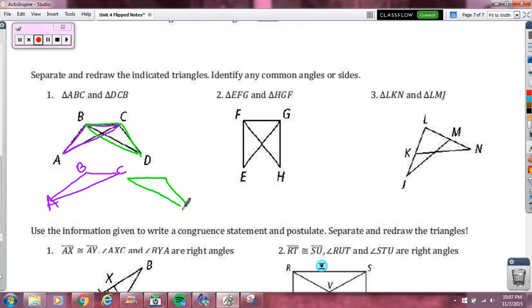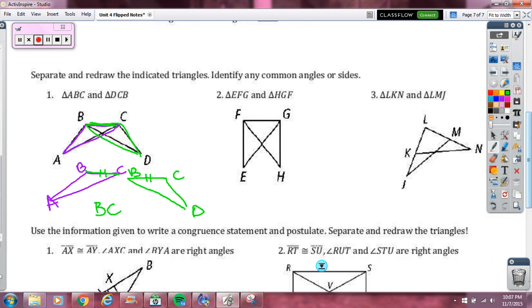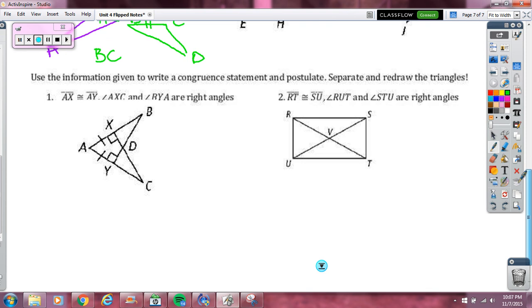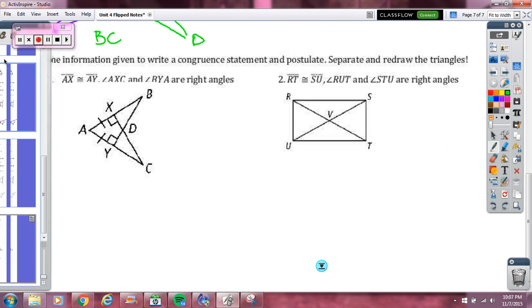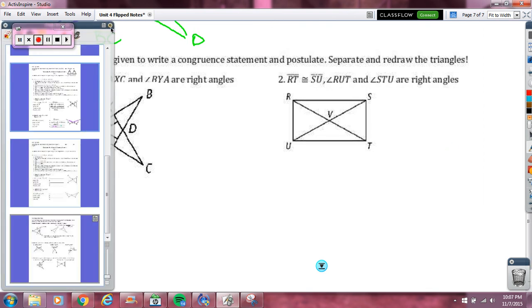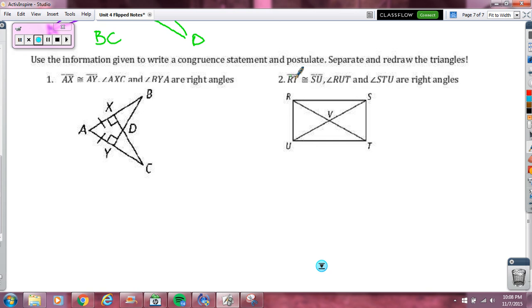When I draw them out separately, the thing that appears in both of them, where I overlapped myself, is that they both have BC as their shared side. It's helpful to draw them out separately when we're trying to use information to write congruence statements and postulates that prove them congruent. Separate and redraw the triangles.